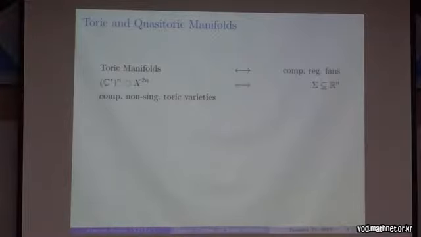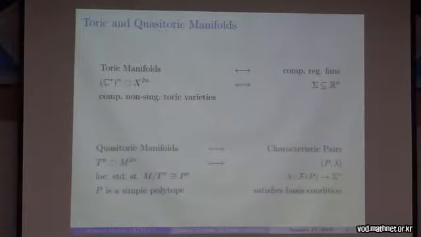And some people call the topological version of them these so-called quasi-toric manifolds, which are smooth 2n-dimensional manifolds with a half-dimensional compact torus action.